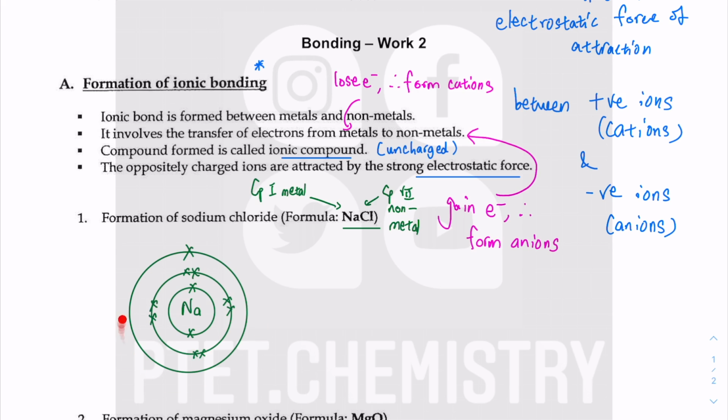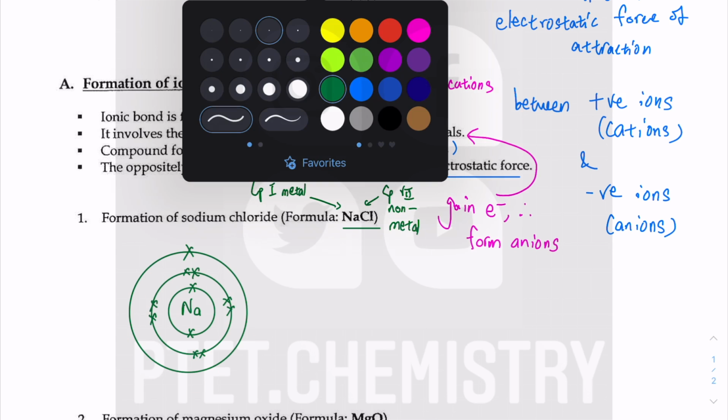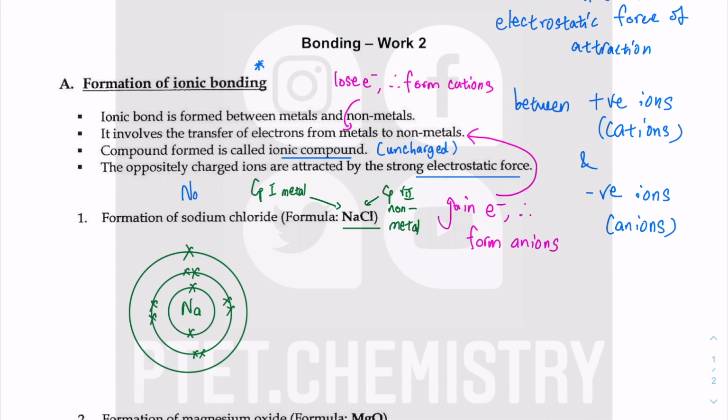But this is a sodium atom. What you want is a Na+ ion, which is a cation, and you want a Cl-, which is an anion.